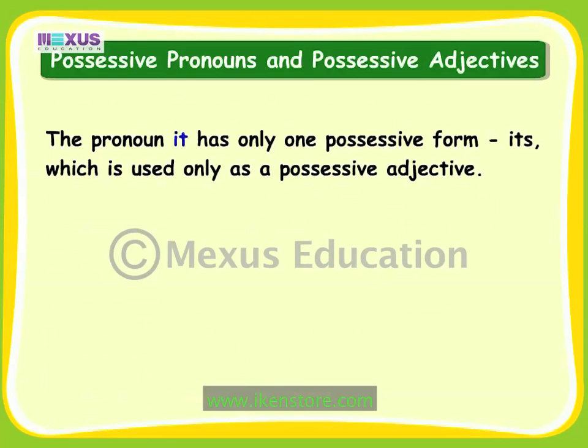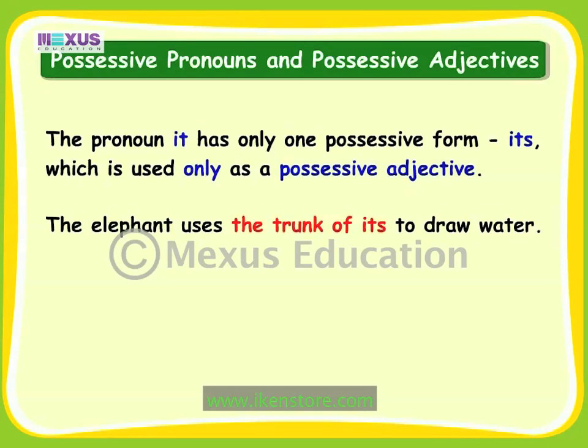The pronoun it has only one possessive form, its, which is used only as a possessive adjective. For example, we do not say the elephant uses the trunk of its to draw water. Instead, we say the elephant uses its trunk to draw water.